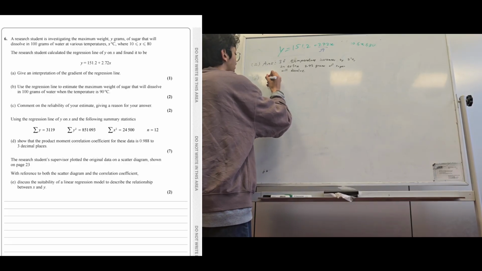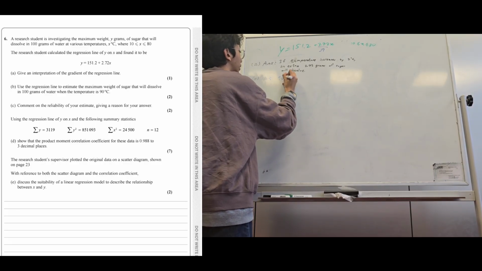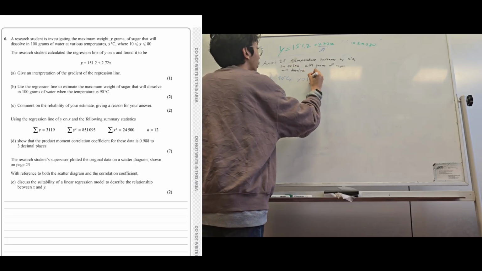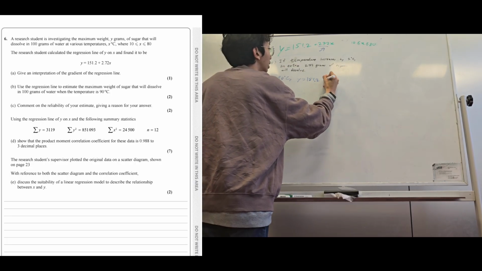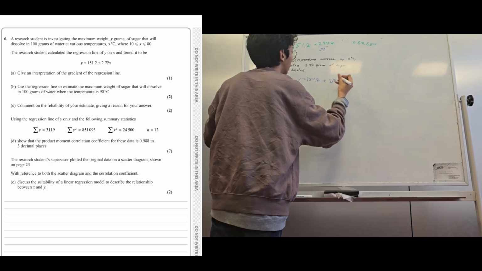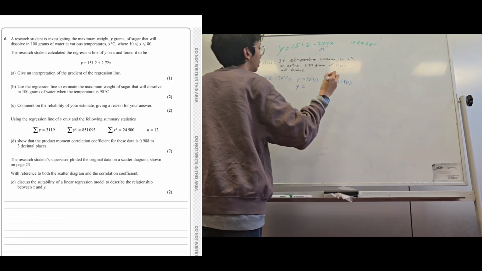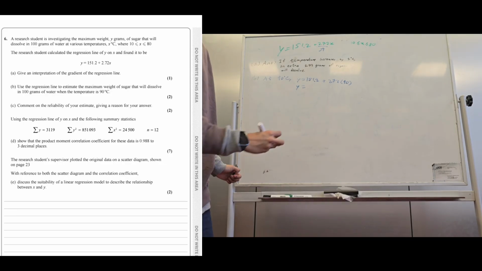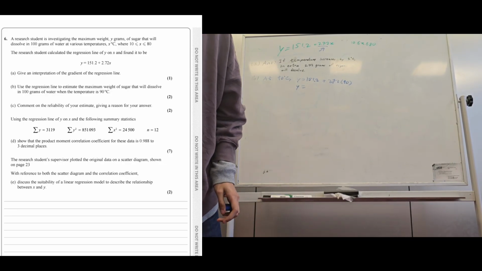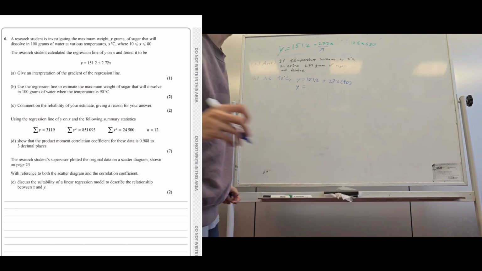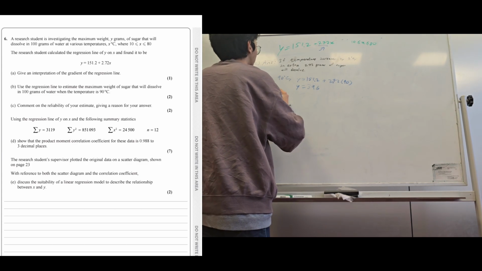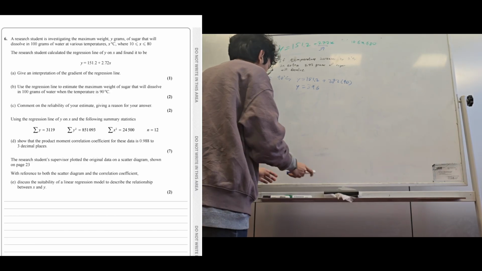At 90 degrees Celsius, y is equal to 151.2 plus 2.72 times 90, which, if you calculate with your calculator, you will get about 396. So the answer is 396 grams of sugar.